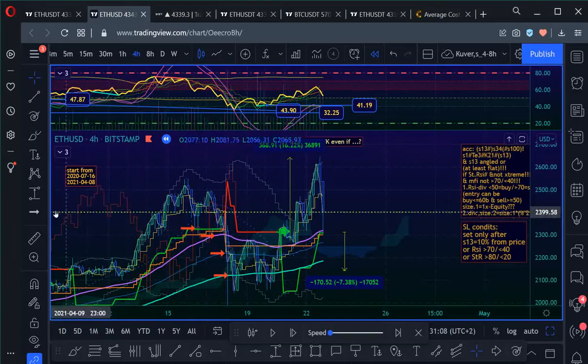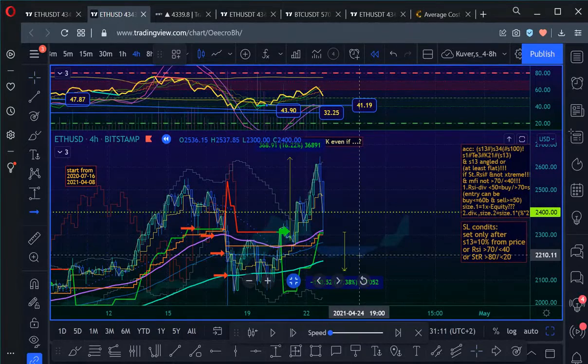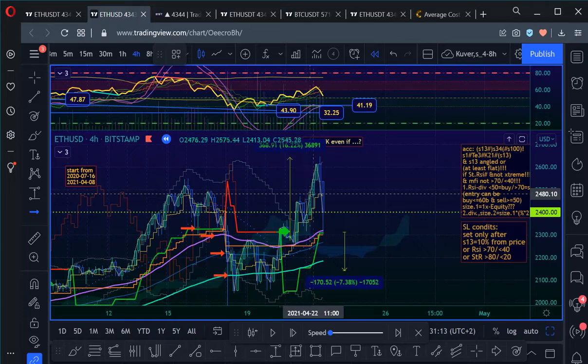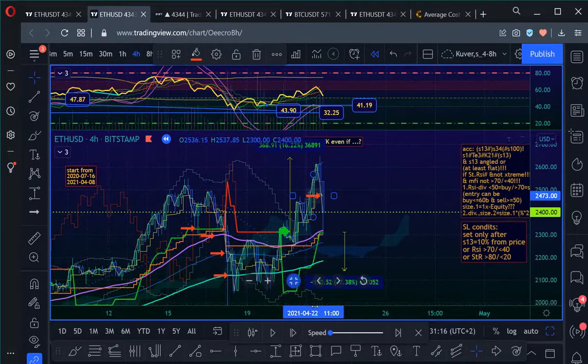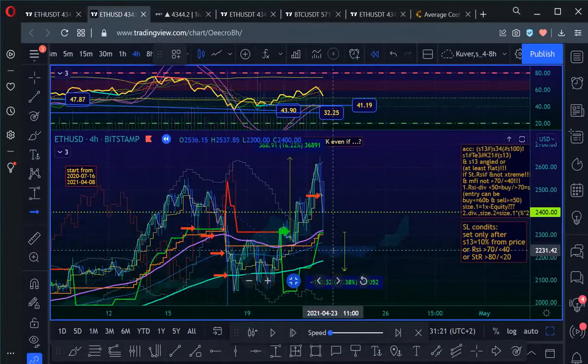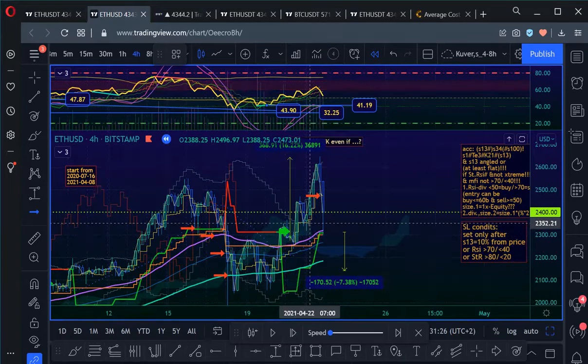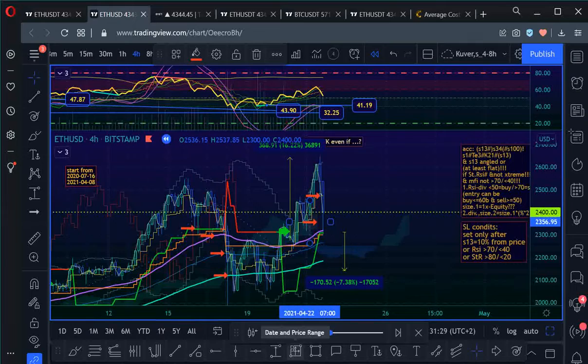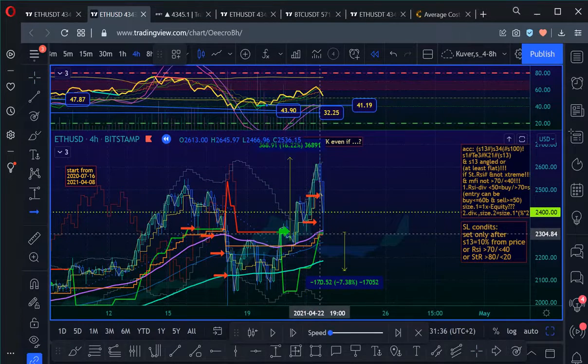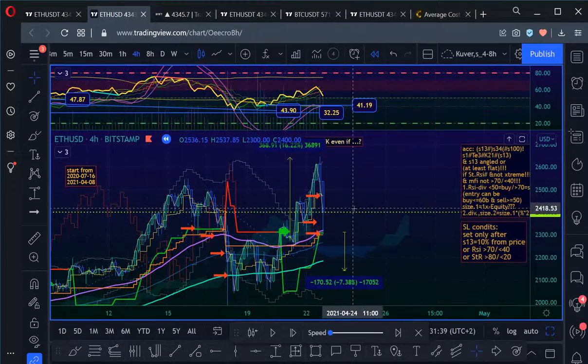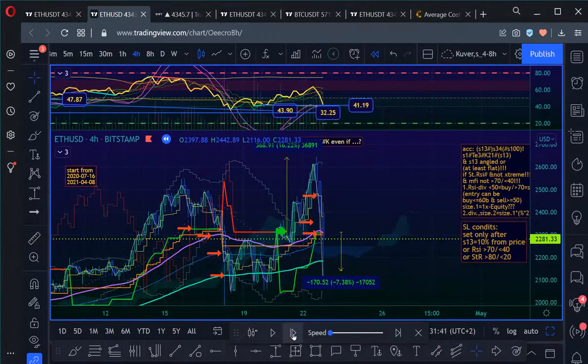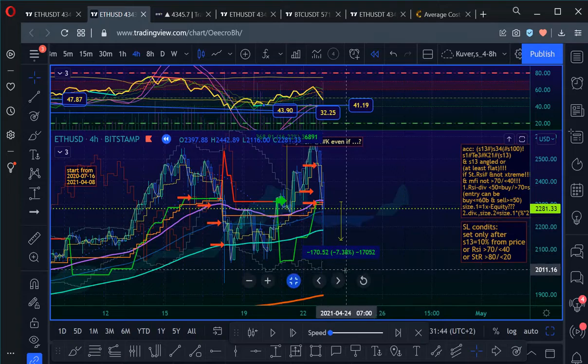For example, one option would be to put 1 quarter here to make the trade profitable, and to take another quarter profit basically at break even. And of course, you could take another profit here. And maybe keep 1 quarter open. Bam. There you have it.